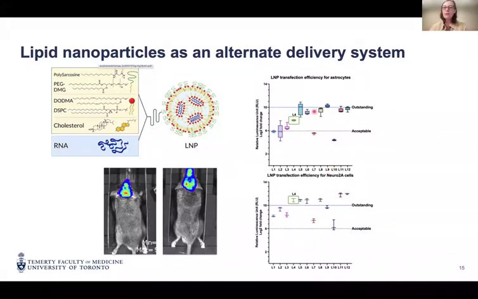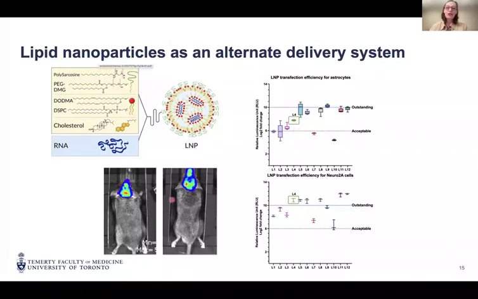You could see that some of these combinations were really good, and some were really bad. This one is the same or very similar composition to what's used for the Spikevax COVID vaccine that Pfizer made. So this is actually what was used to deliver the mRNA that we all got with our COVID vaccines.